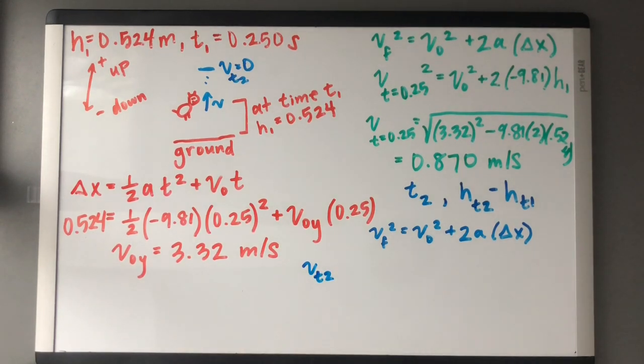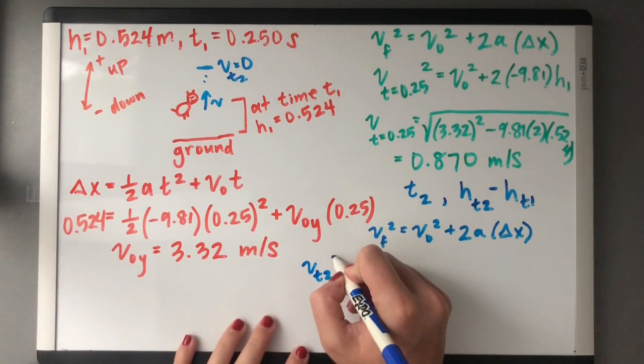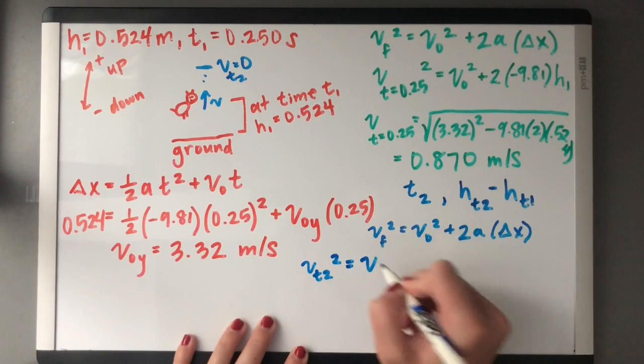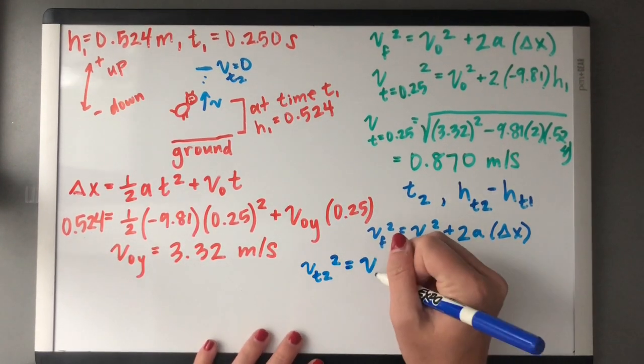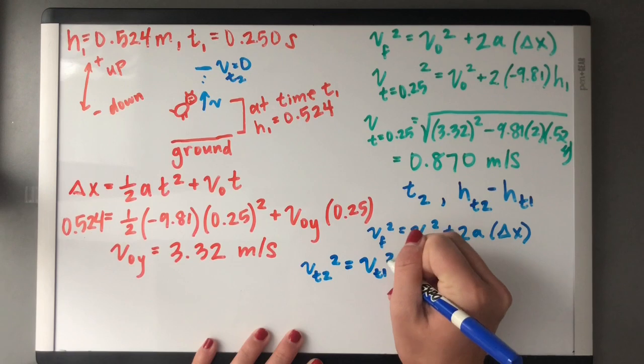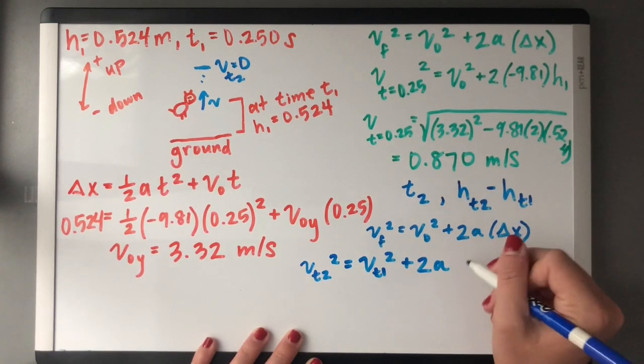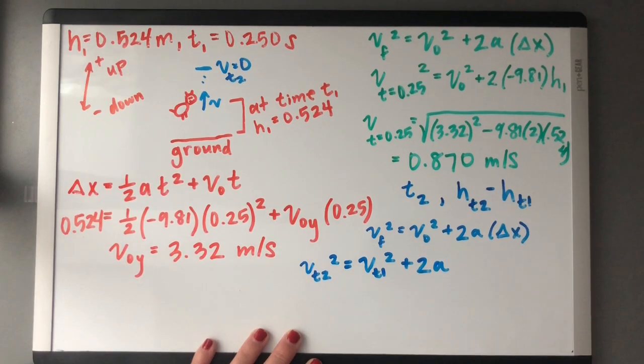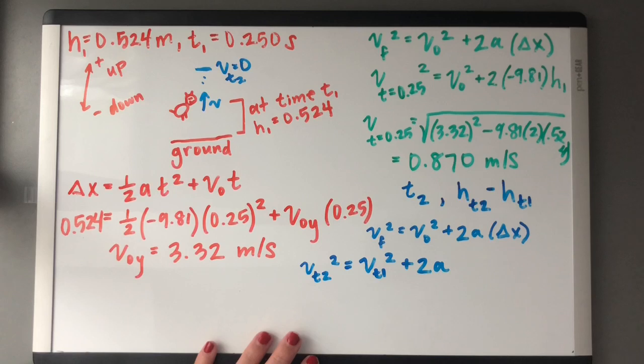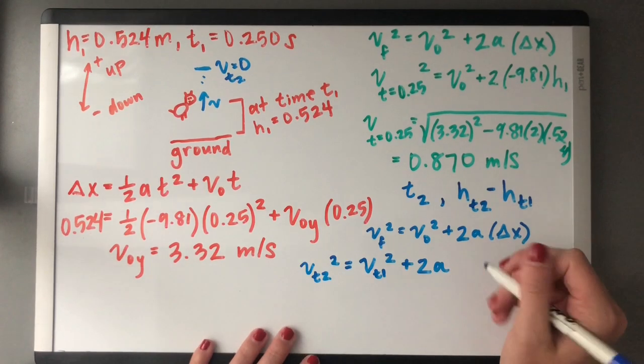So the velocity at the top of the armadillo's motion squared equals the velocity initial, which we're now going to treat as t1, squared plus 2 times the acceleration, which we know to be the acceleration due to gravity. That has not changed because at every point in the armadillo's motion, he is being acted upon by the force of gravity and is therefore under an acceleration of 9.81 meters per second squared.